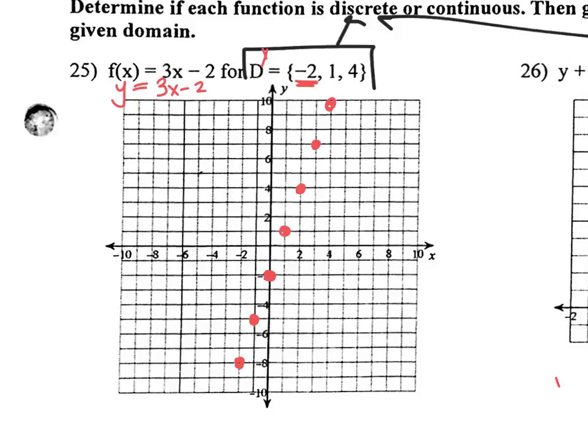So the x value of negative 2 means I want the point that corresponds right here. I want the point that corresponds at 1 for an x value and at 4. And I don't want any of the other points. So I'm actually going to go back and erase those other points because I don't want them in my answer. So your final answer should just have 3 points given.